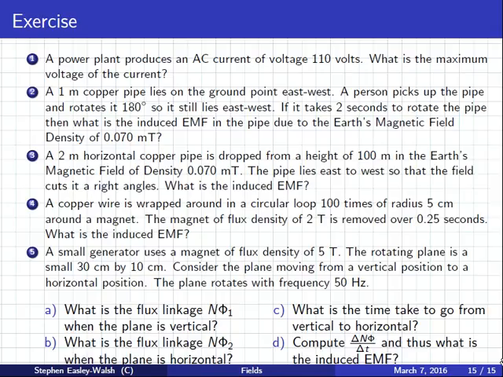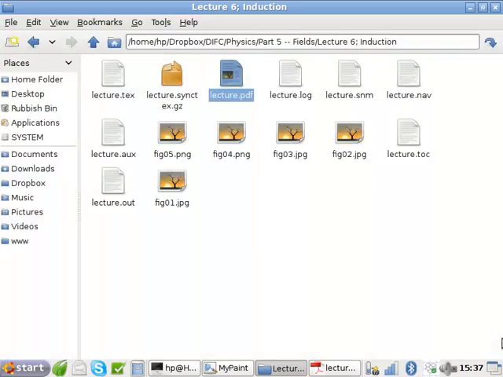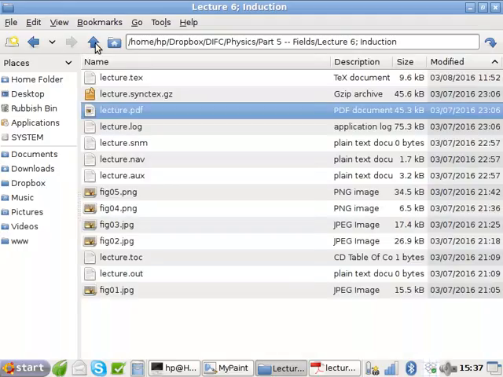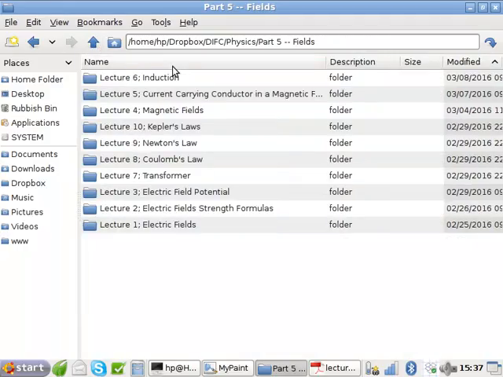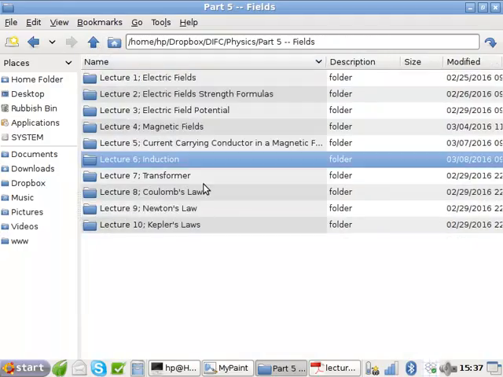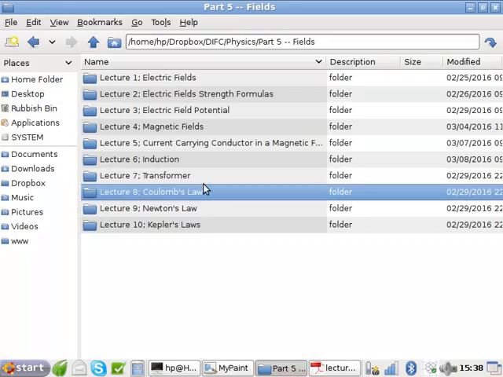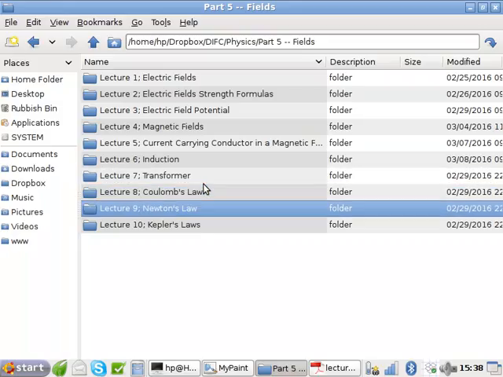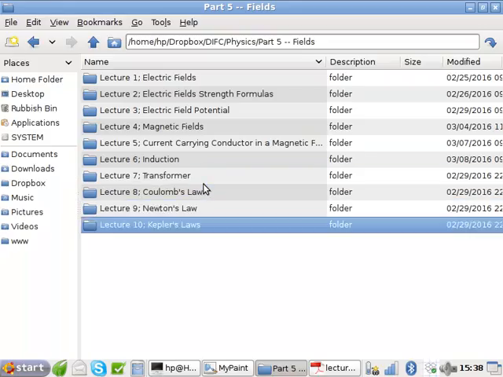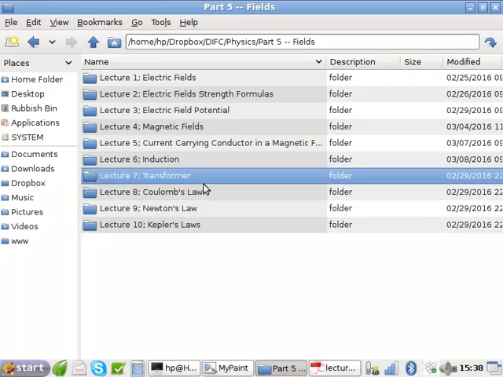And then let me just check how many topics we have left for this section. Right, so we have transformers, Optimus Prime, Coulomb's law, Newton's law, and Kepler's laws. 1, 2, 3, 4. Okay, so we have 4 more topics in this section to do.